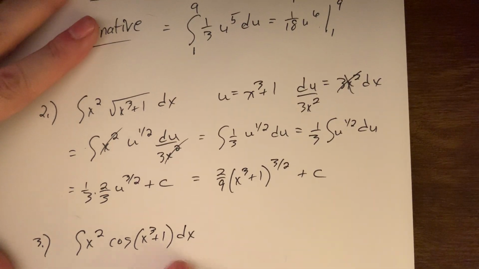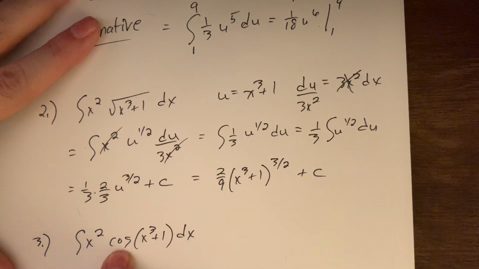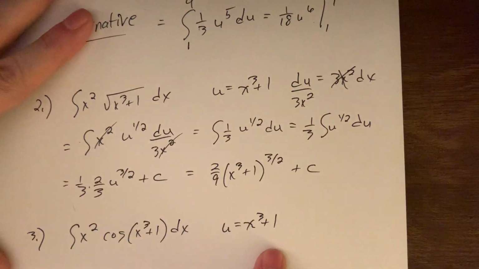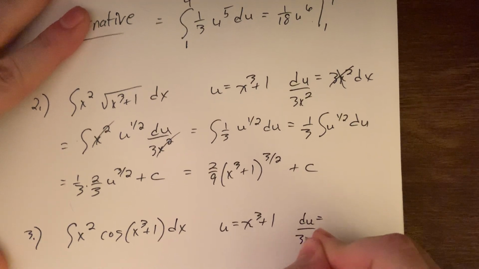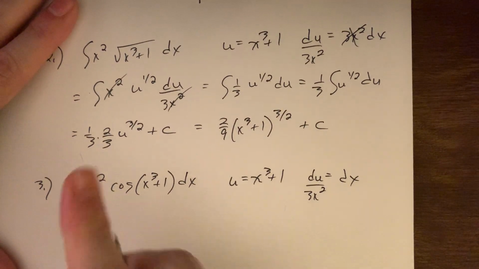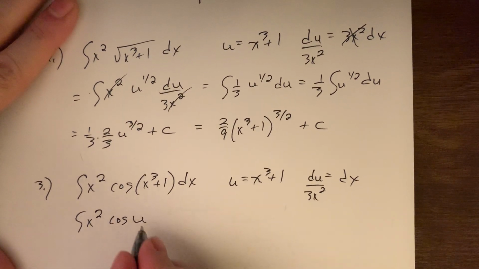One more time. Same situation. Problem with multiplication and some issue with inner outer. And one more time, the inner is that x cubed plus 1. So the du the exact same way. I'm already just going to simplify, solve for dx. As I substitute x squared, now I'll get cosine of u.